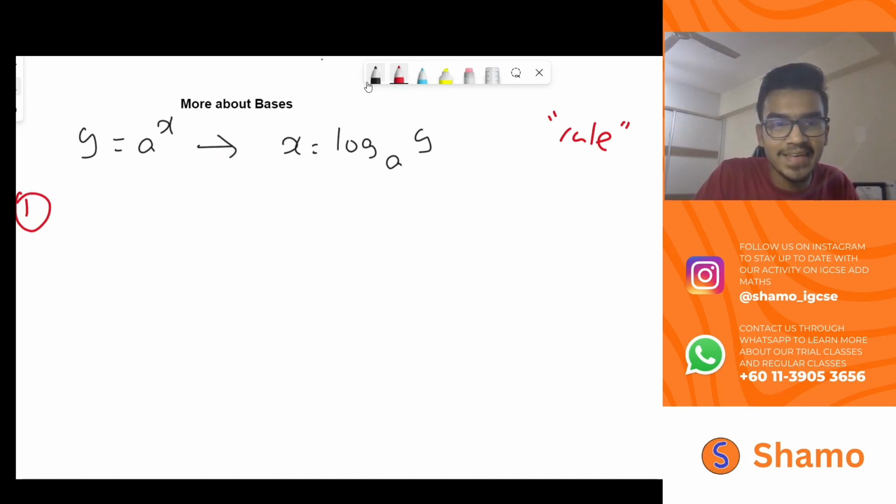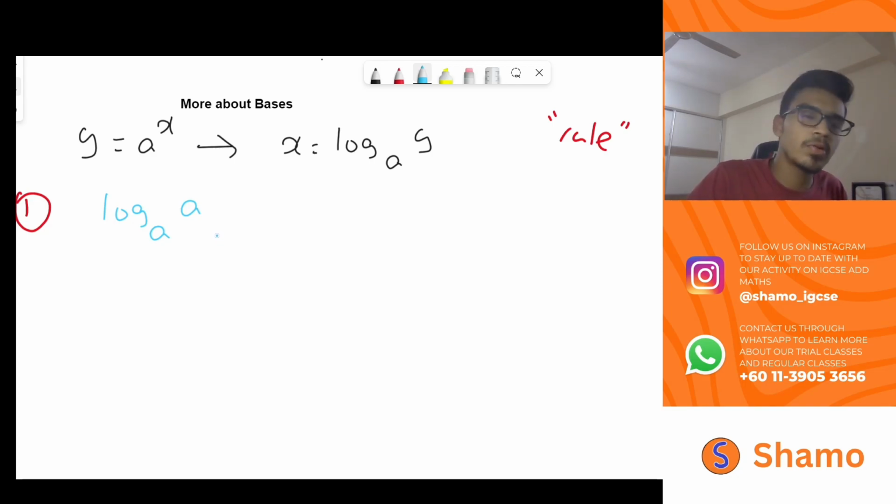That rule is that if you have log base a, argument a, it is equal to a number which I want us to discuss instead of me just explicitly telling you. So what does log mean again? A to the power what gives you the argument? The base to the power what gives you the argument?